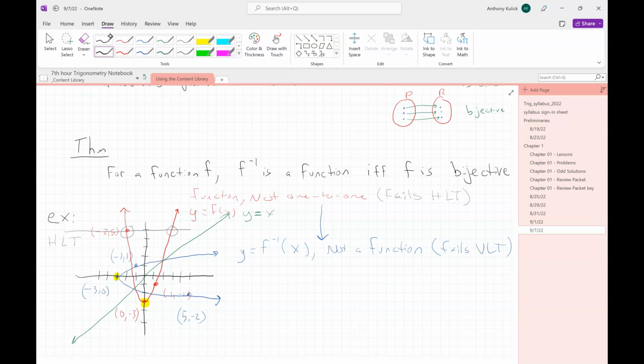Like, "it's not a function because it fails a horizontal line test" will not get full credit because I don't know what "it" is. Because those are two different functions you're talking about if that answer is correct. They can't both be it. You know what I mean, guys? Okay.